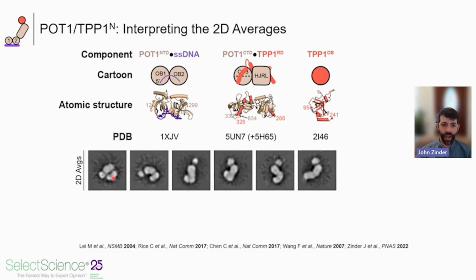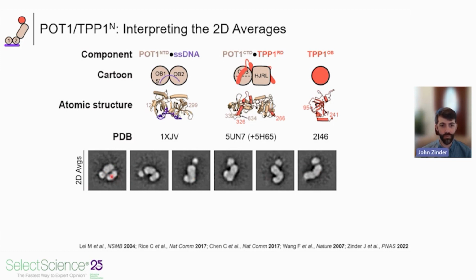And you can see in the 2D averages that you see features that very, very closely resemble these in terms of the relative size and shape. And so you have this bipartite lobe that looks kind of like two OB folds. You have an oblong lobe here that looks kind of like the C-terminal domain. And then you have a circular lobe here. But what you can also see is that they're sort of hinging relative to each other quite a bit.